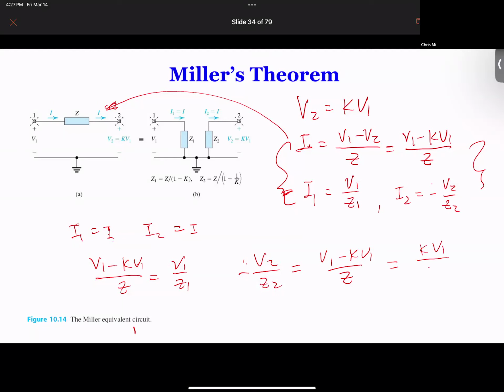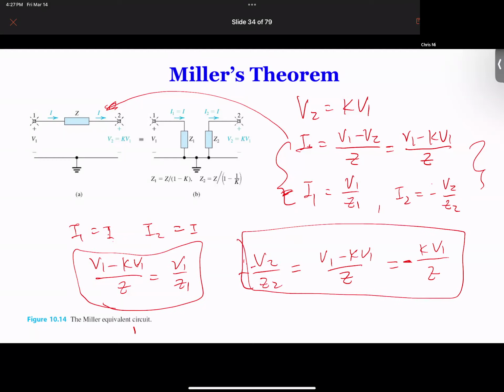By solving these two equations, we can find Z1 and Z2. What we find is Z1 equals Z over 1 minus K, and Z2 equals Z over 1 minus 1 over K.